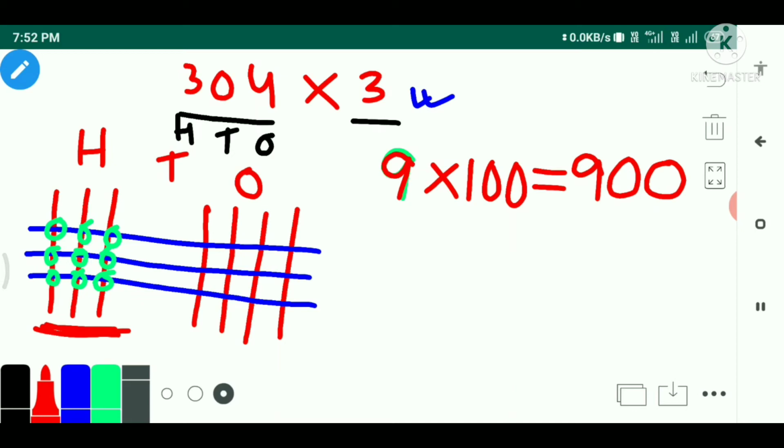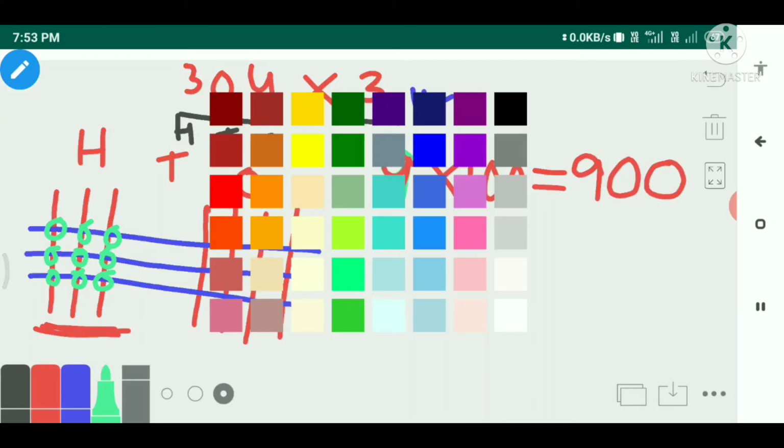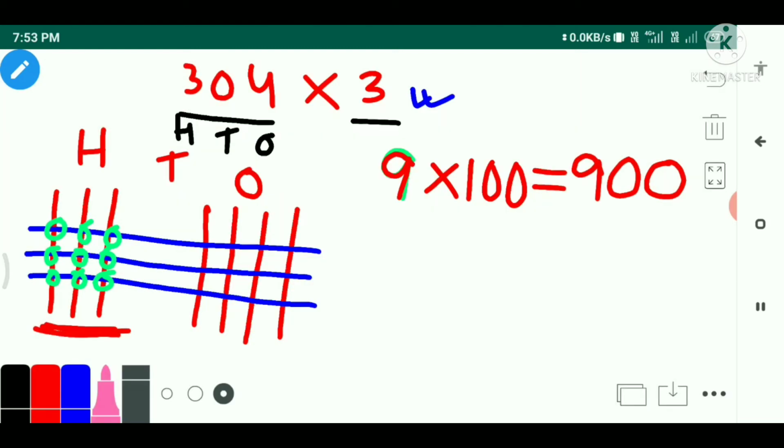Now in the ones place, where the lines intersect: 1, 2, 3, 4, 5, 6, 7, 8, 9, 10, 11, 12. So we got 12 in the ones place.